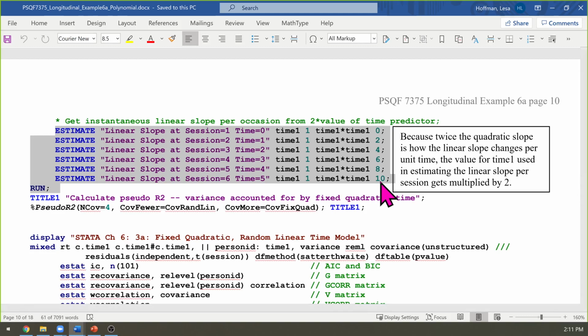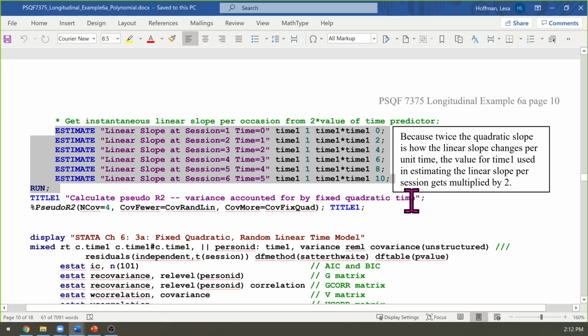So I want the linear slope at time 0, at time 1, at time 2, at time 3, multiplied by 2. The 2 is the trick to this, because the quadratic coefficient itself, gamma 20, the fixed effect, tells you half the rate of acceleration. So you have to multiply it by 2, homework question, to get the right answer.